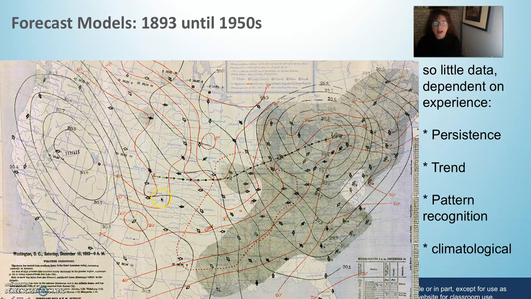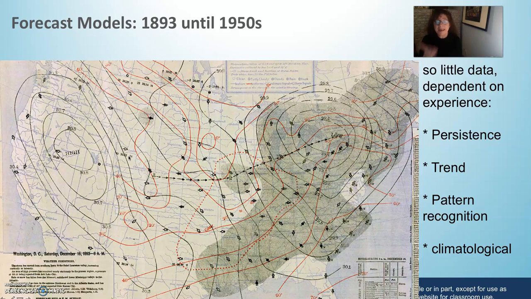There were approximately 50 to 60 weather stations across the entire United States in 1893, all connected by telegraph, and that was seen as a huge advance in tracking some of the aberrant weather across the United States, especially tornadoes. You could telegraph a warning across. But as you can see, there's not a lot of data in here.